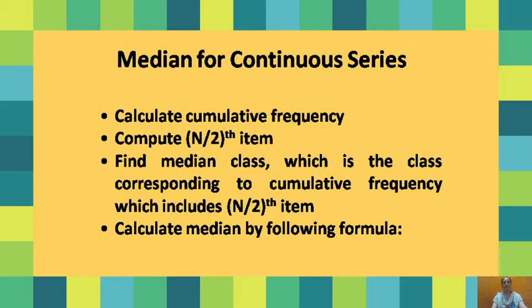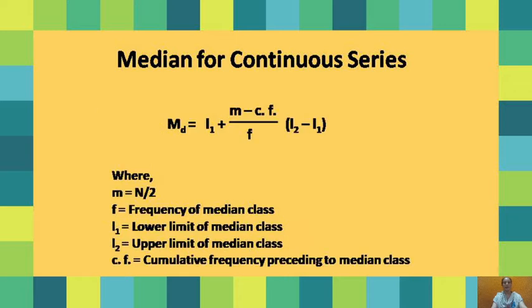And lastly, we need to calculate the median with the help of a formula, and the formula is MD equals L1 plus (M minus CF) divided by F into (L2 minus L1). So what are these notations telling us?